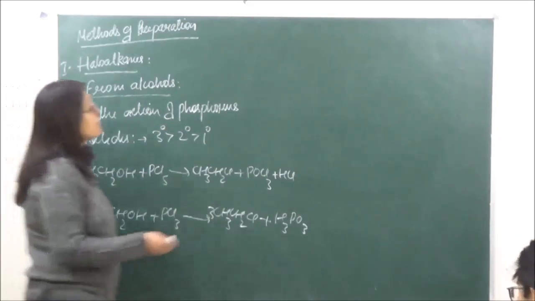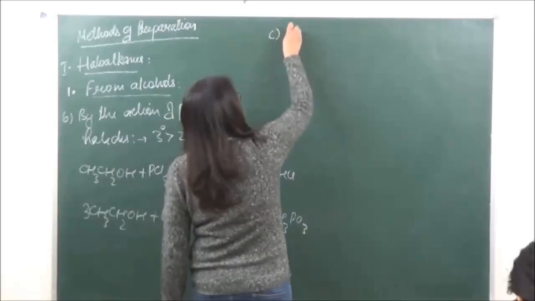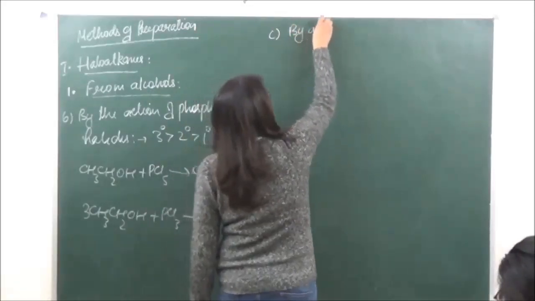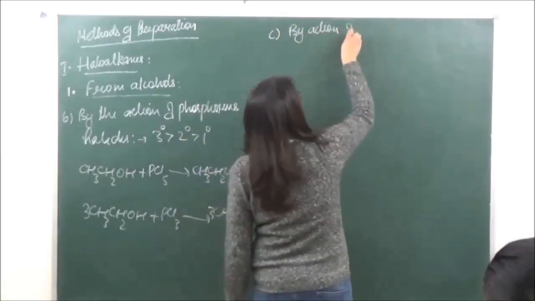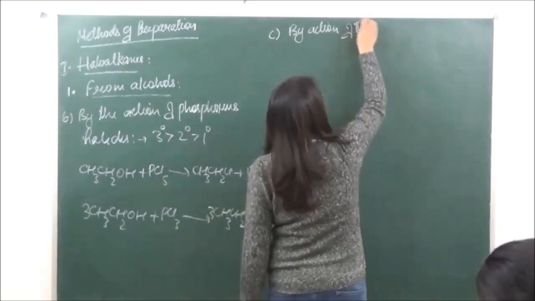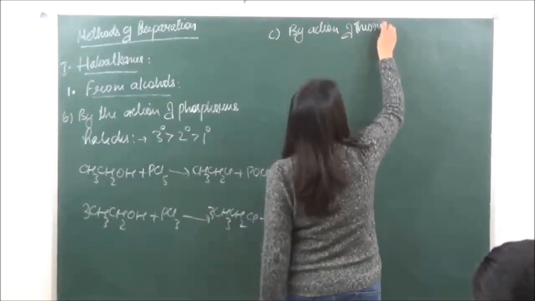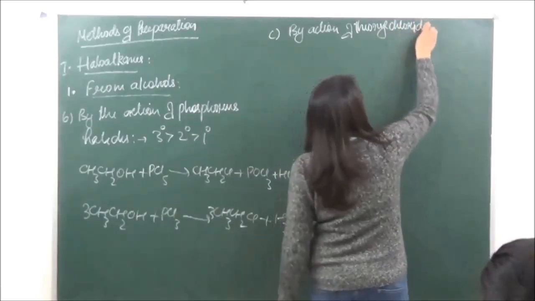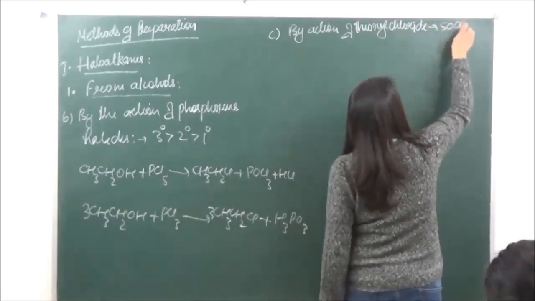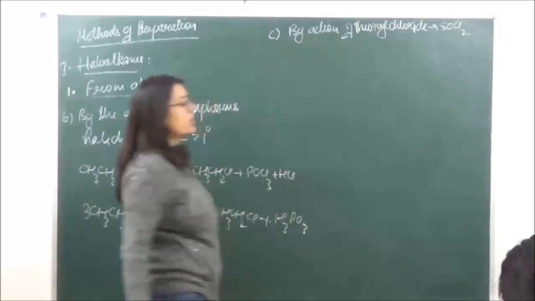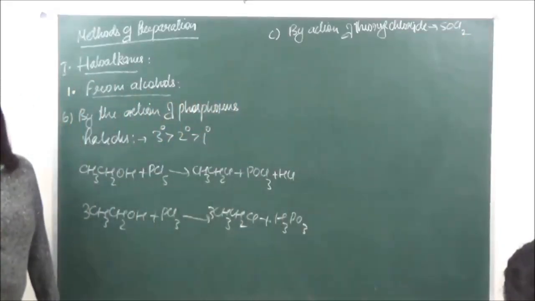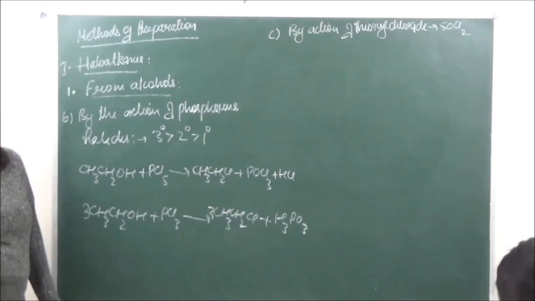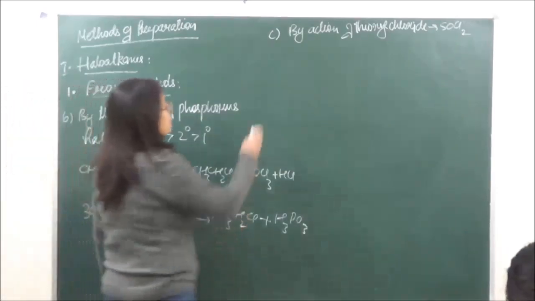Okay. The third reaction which we are going to do over here is by the action of thionyl chloride, that is going to be SOCl2. Right? Now this reaction generally takes place in the presence of pyridine.